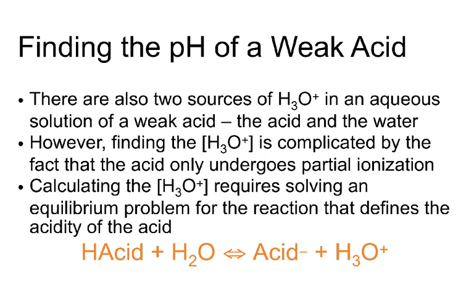But we are complicated by the fact that we are at an equilibrium situation instead of completely ionizing. So in order to find the H3O plus concentration for a weak acid, we need to solve an equilibrium problem.